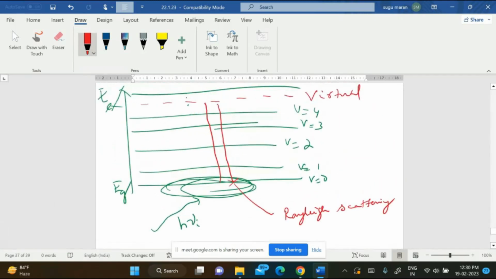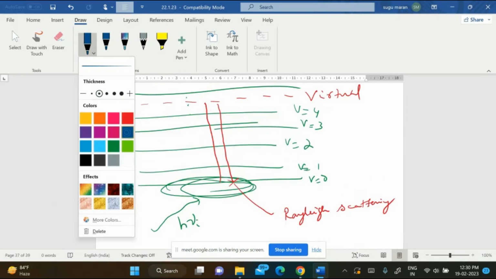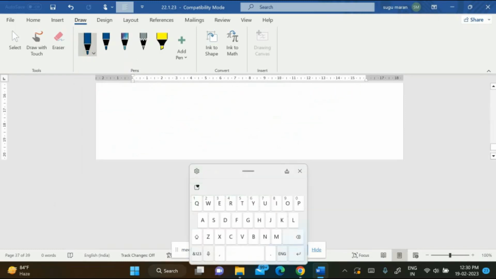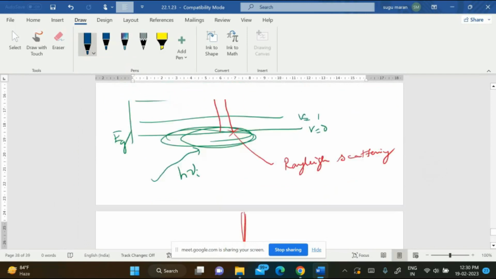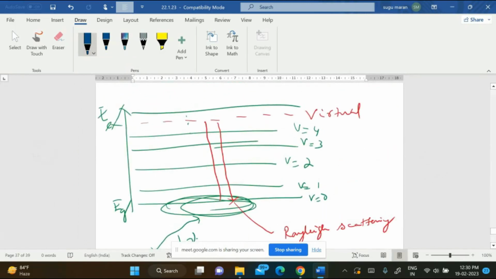If the molecule goes to a virtual state and scatters to a higher vibrational state, the molecule actually gains energy.